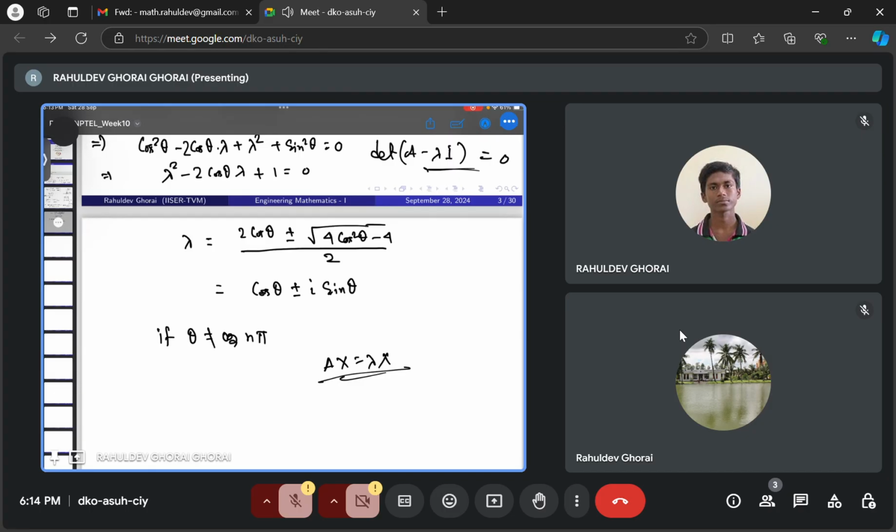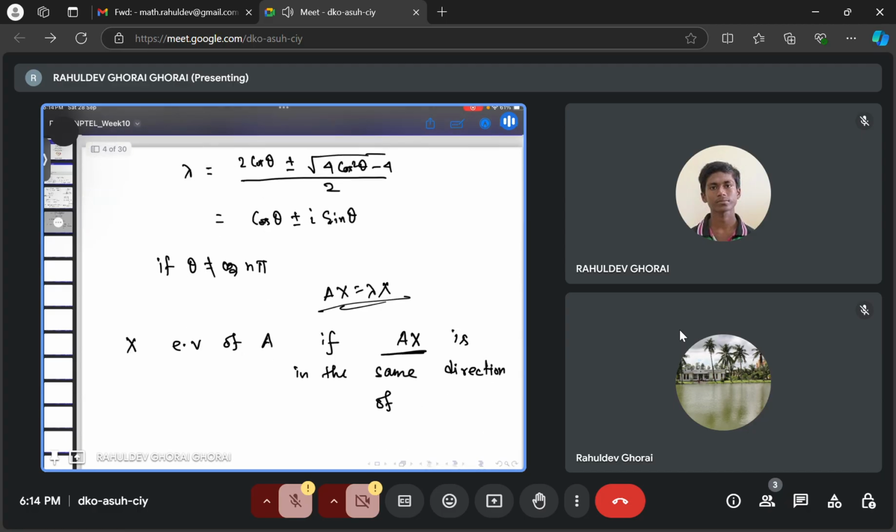So x is an eigenvector of A if, after multiplying by A, Ax is in the same direction as x.